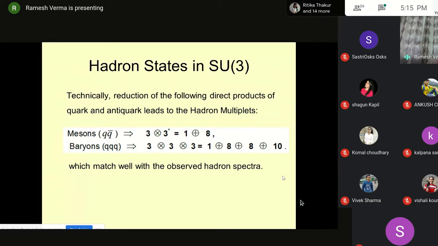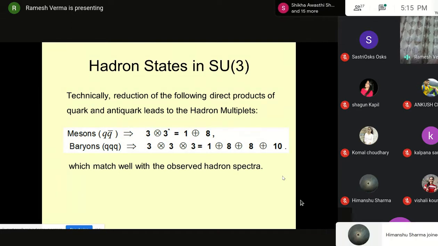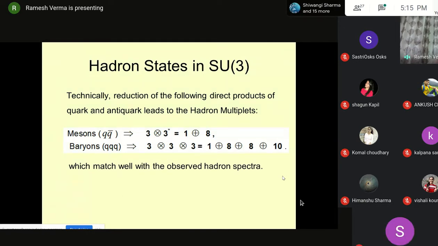So 3 into 3 star gives you 9 possibilities, and we see that this direct product of 3 and 3 star is automatically reduced to 1 plus 8. So that justifies why mesons should follow the pattern of singlet and octet. So the quark model in this way explains the observed hadron spectra.